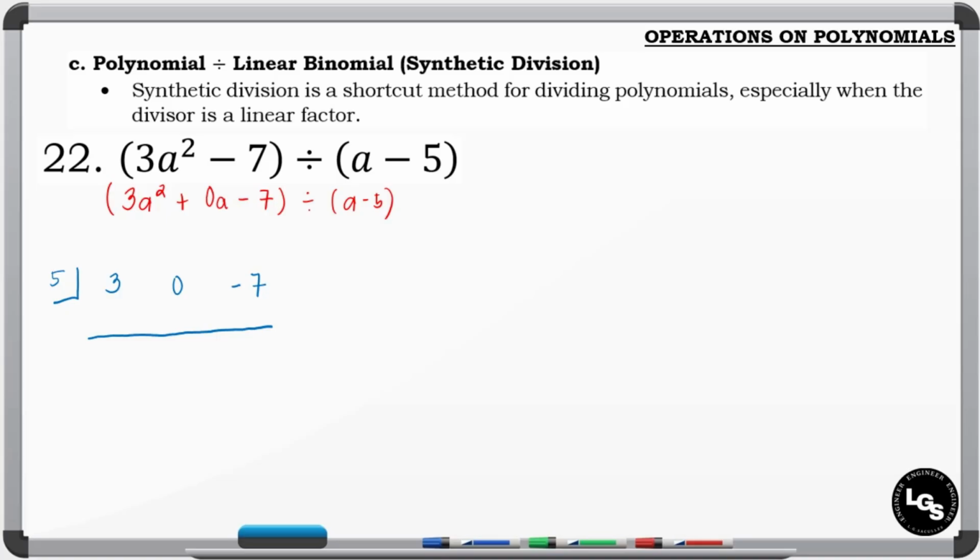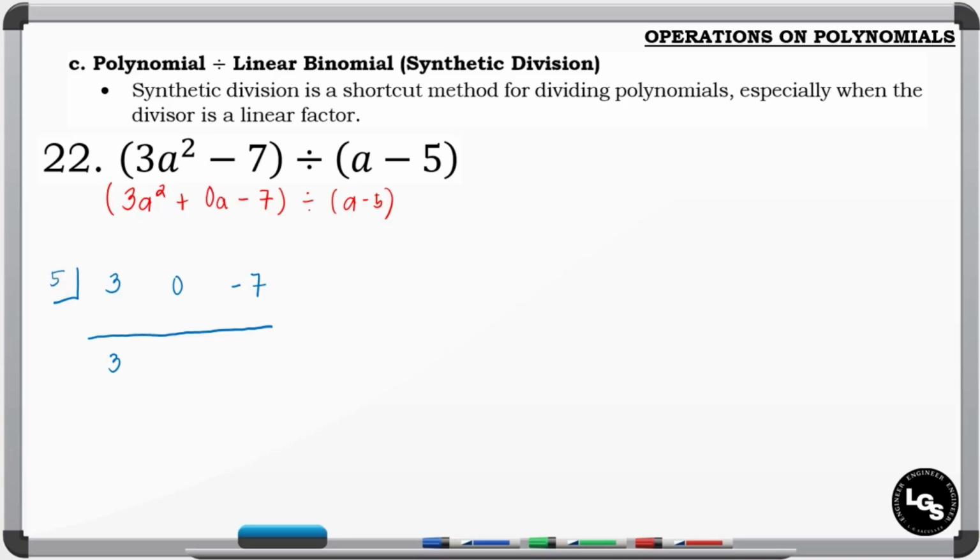Next step is to bring down the first coefficient. So that is 3. Remember, the first term that you have written here will be multiplied by the divisor root. So 3 times 5, that is 15.